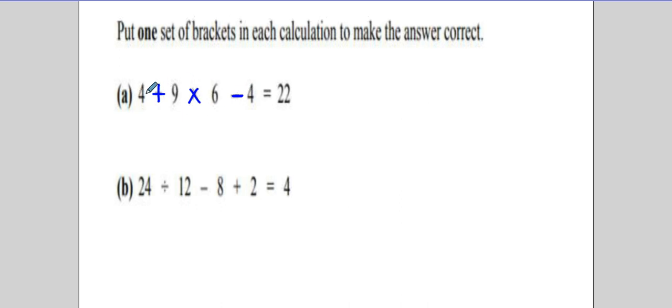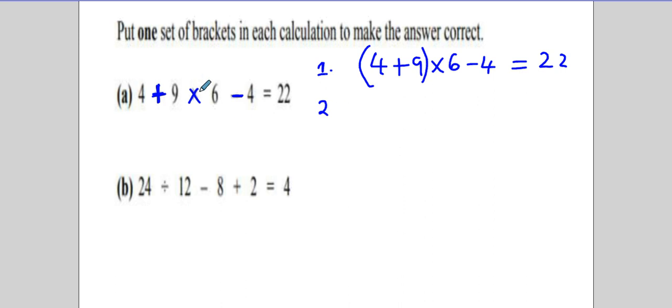We can find the first possibility, 4 plus 9 times 6 minus 4, and see if we are going to get 22. The first possibility is to put the addition sign in brackets.